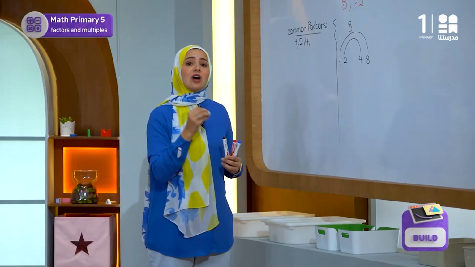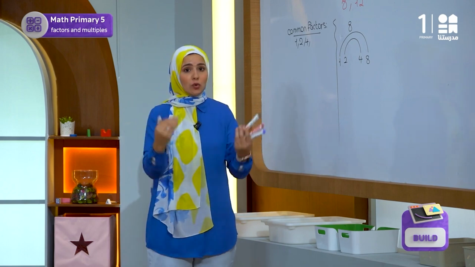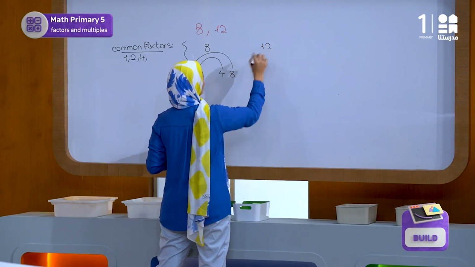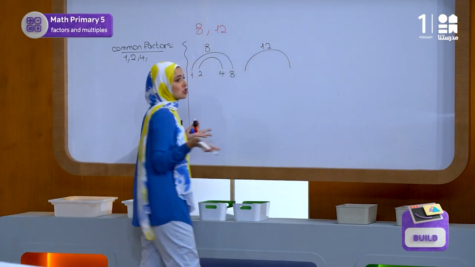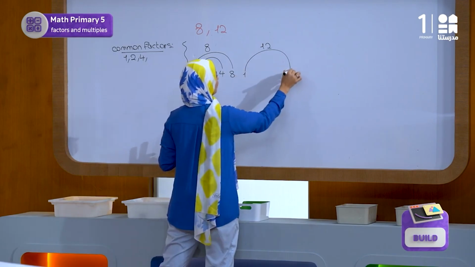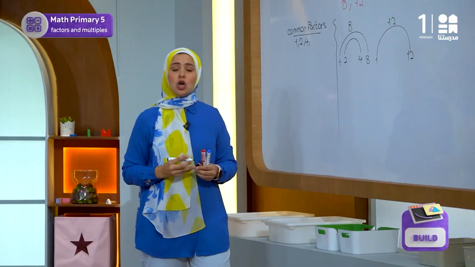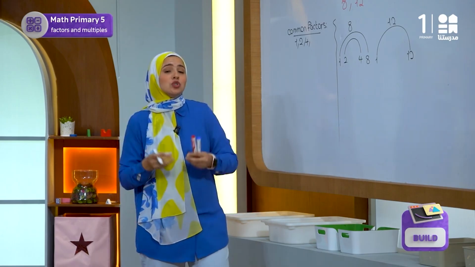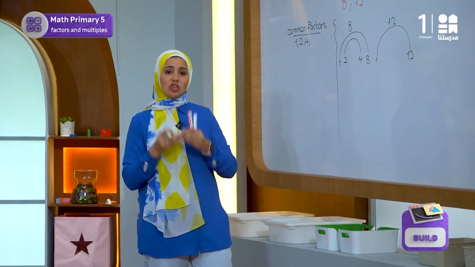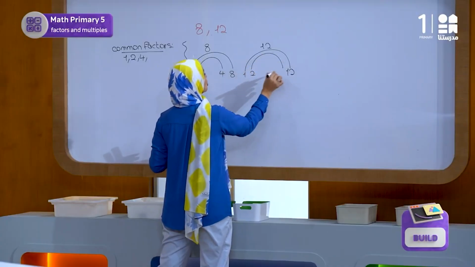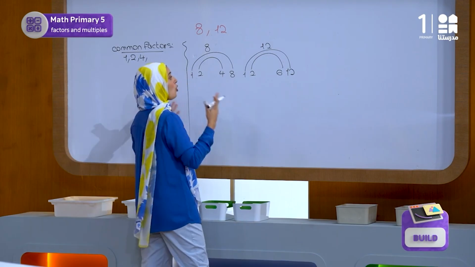Now, the factors of 12 are, let's draw another one here, the rainbow strategy for 12. The first two factors are super easy, which are 1 and 12. What comes next? I can check 2 and 6. What else?